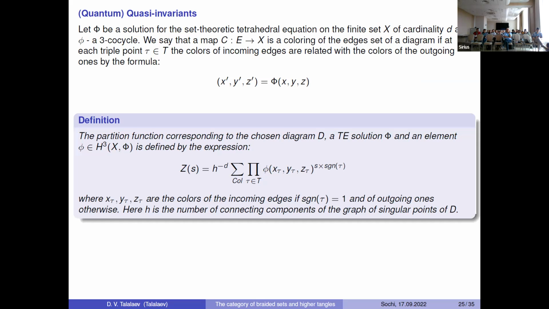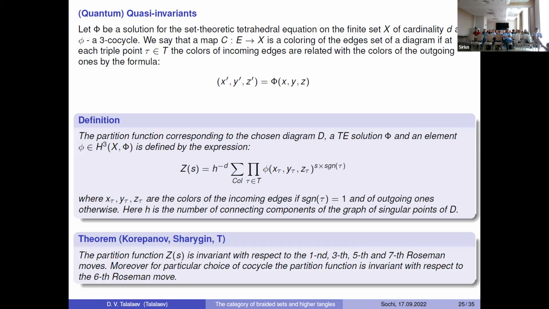So it is analogous to the fundamental quandle associated to the fundamental group of the complement of this 2-knot. Here it is a different construction. So it is a coloring of arcs of double points of a diagram of a 2-knot. And with this coloring, we construct a partition function, which is also a sum over the space of admissible colorings, of the product over triple points of some values, which take the role of cohomology classes of complexes associated with the solution of the tetrahedron equation.